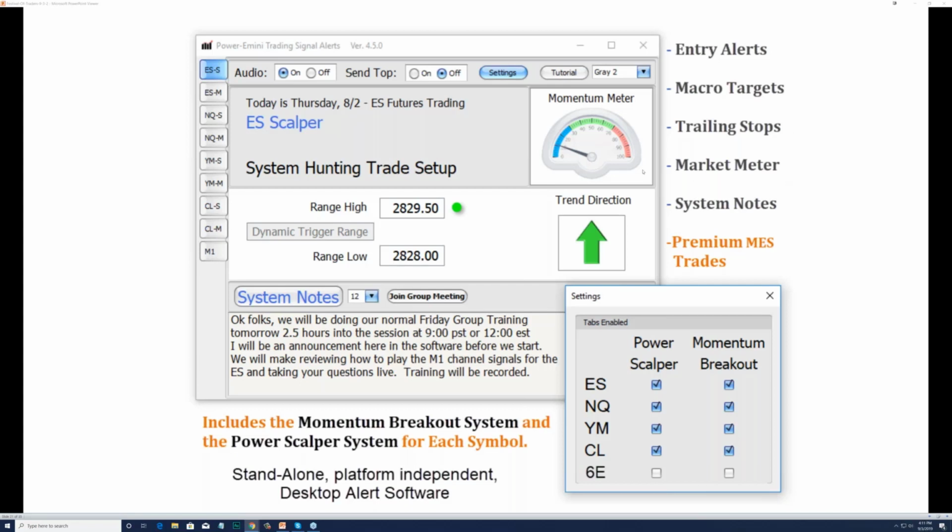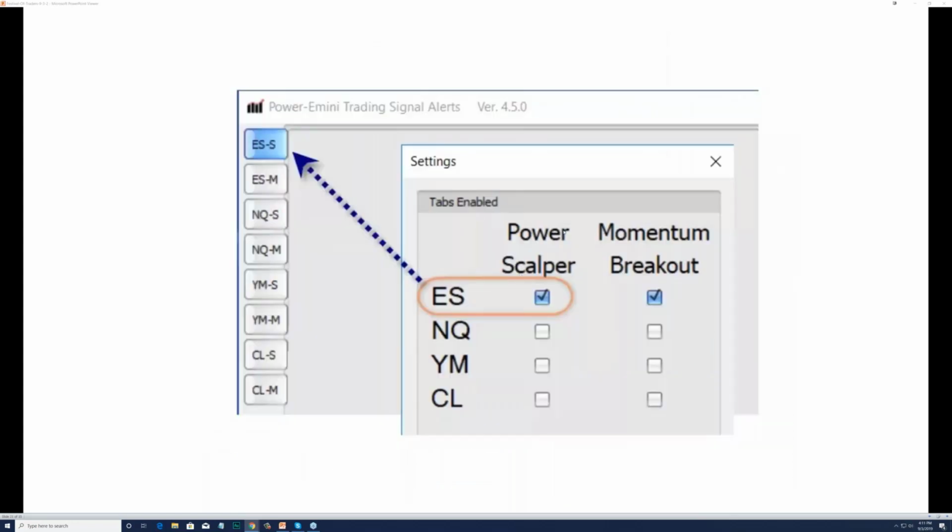There's a market meter that shows you the strength. System notes go through. You have directional arrows. You have all kinds of stuff. You have the average volume going through. A really cool feature is we've got a settings screen where you can check and uncheck the different tabs you want, so you can customize the software to only display the symbols that you're interested in trading.